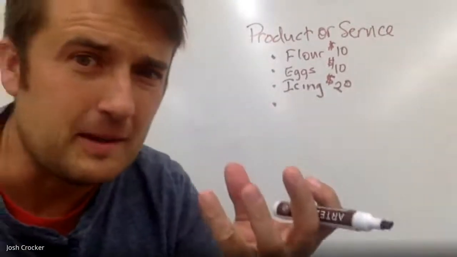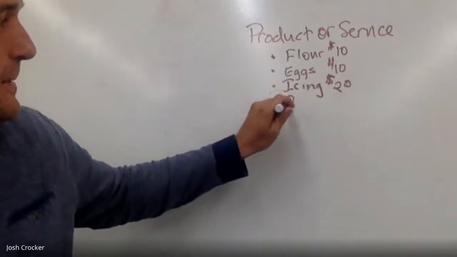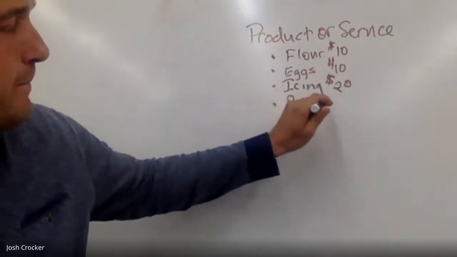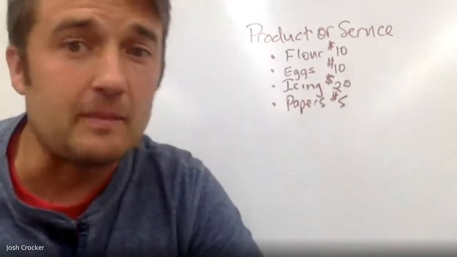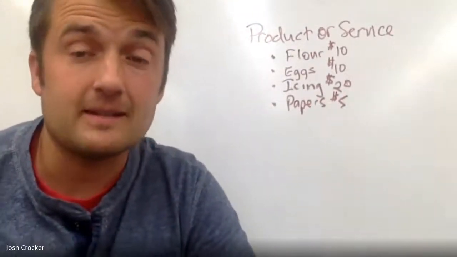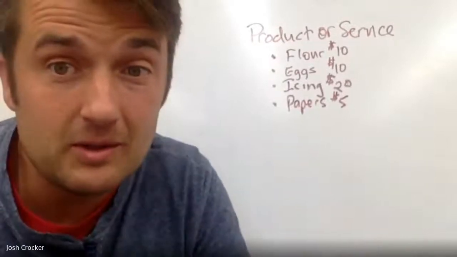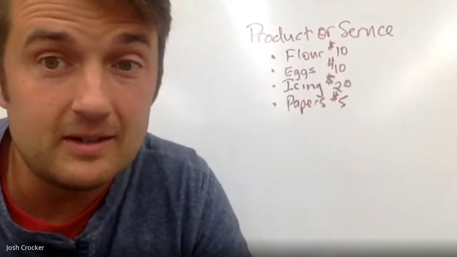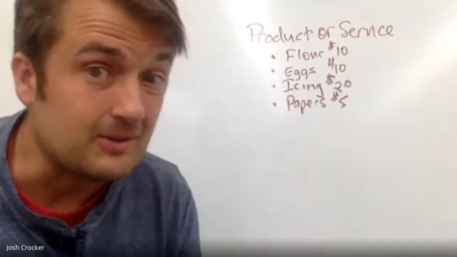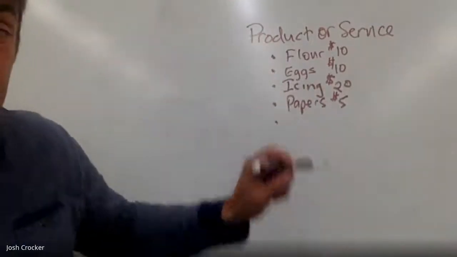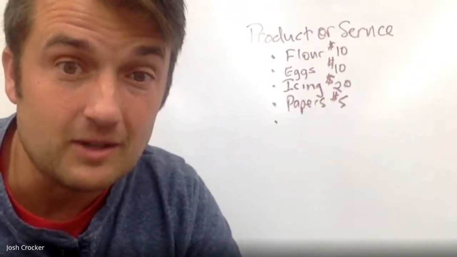Okay, and then you need those little paper things they go inside of, right? So I came up with 4 expenses for making cupcakes. And when you do this, like I said, maybe you go to the store and look at what things cost. Maybe you get on the internet. Maybe you ask your parents. Okay. I should also probably include something like the electricity or gas, whatever it is that makes your oven go.